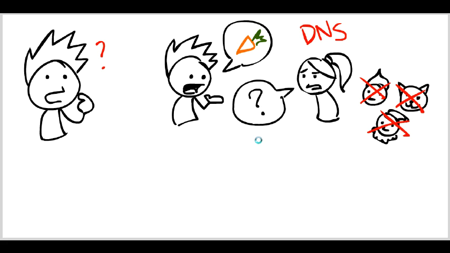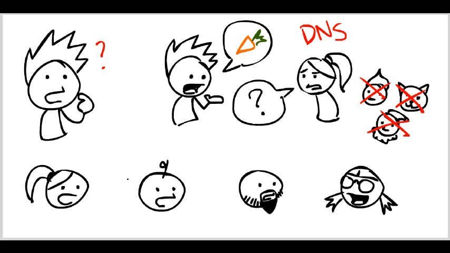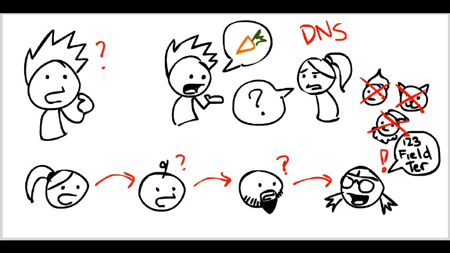So in the DNS world, what ends up happening is your friend, your only friend, asks another friend. And if that friend doesn't know, they ask another friend, and so on. Eventually, it gets to somebody who does know. And then they get that address, and they return it all the way back.